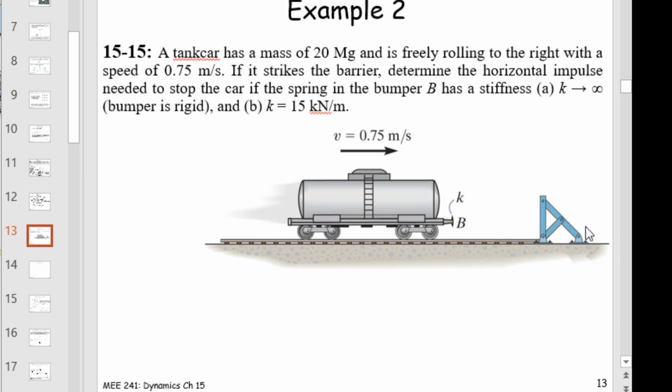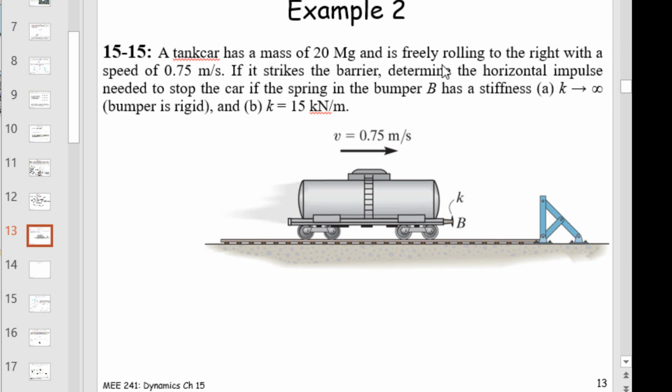I need to determine the horizontal impulse needed to stop the car if the spring in this bumper B has a stiffness of k that is going to infinity and k here that is going to 15 kilonewton per meter.